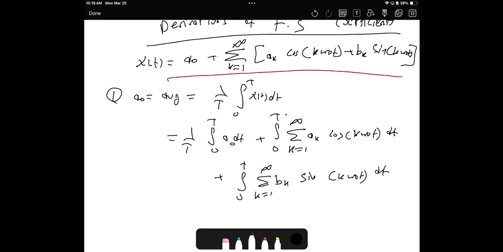Okay? So I just try to split the integral into each term.